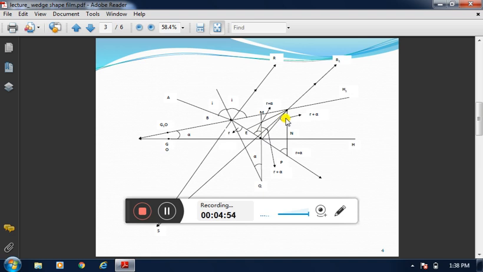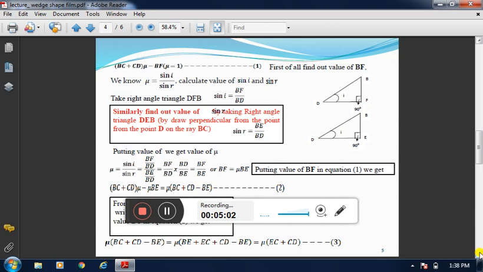Let us now calculate the path difference between the two rays. For that, the path difference delta is the path traveled in the medium, BC plus CD, minus BF. Dear student, we can calculate the path when it is in the same medium.